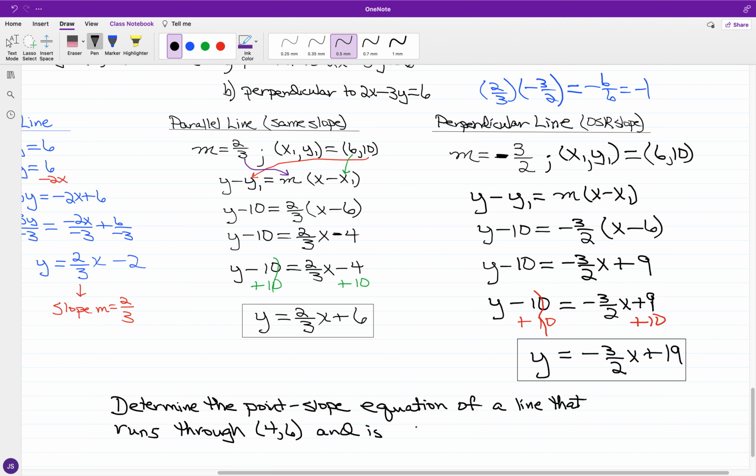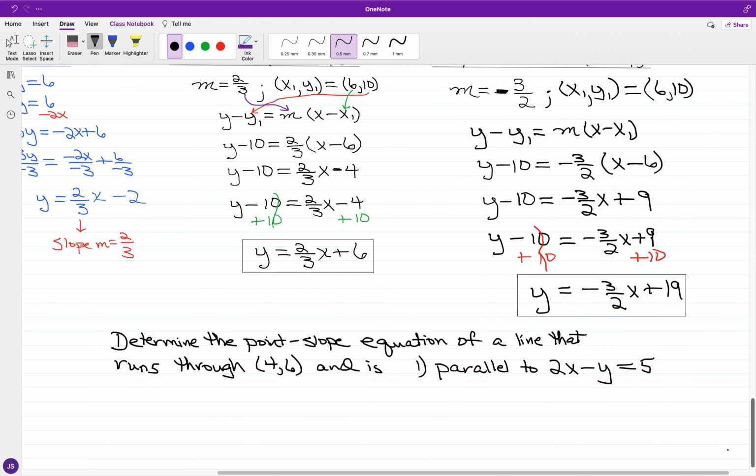and is first of all parallel to 2x minus y is equal to 5, and also for the other line running through the same point 4, 6, where it is going to be running perpendicular to the line represented by the equation 2x minus y is equal to 5.